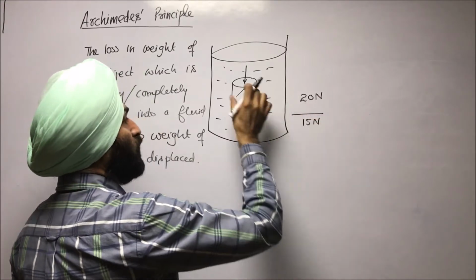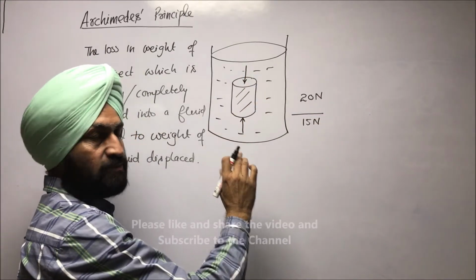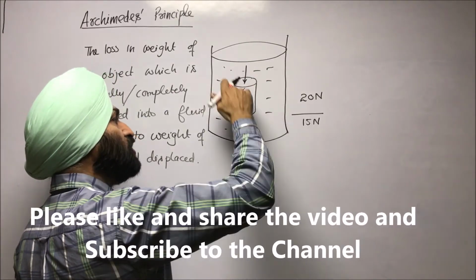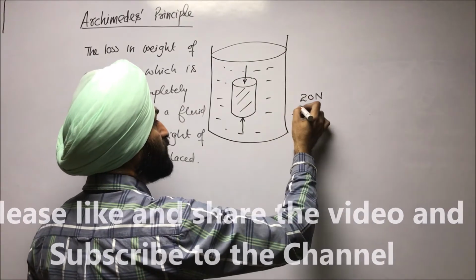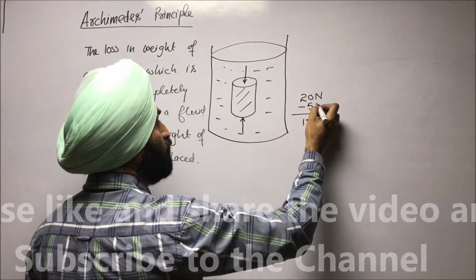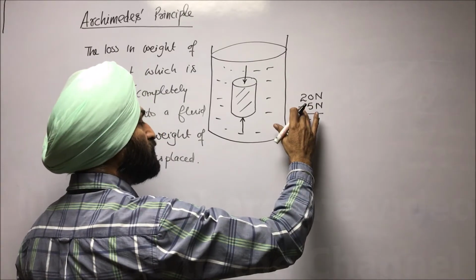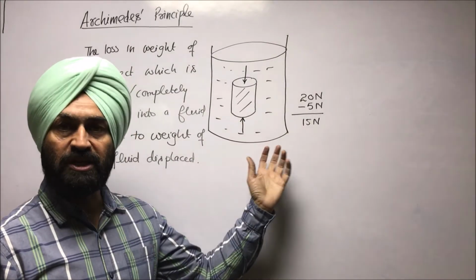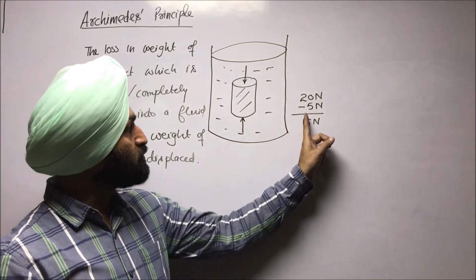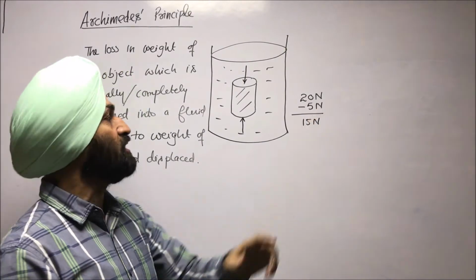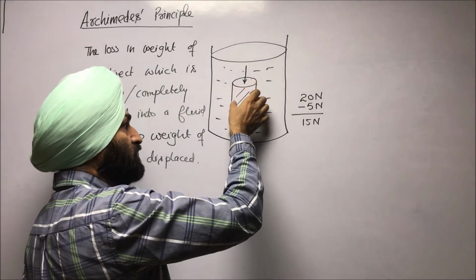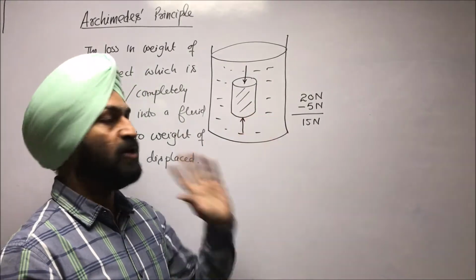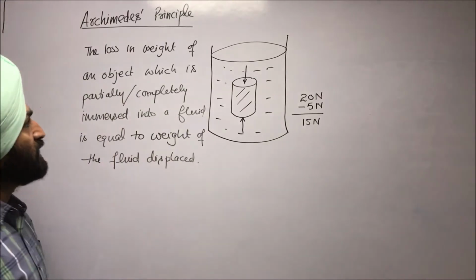Reason: whatever volume the cylinder possessed, if we had a cylinder made up of water of exactly the same volume, that quantity of water would weigh 5 Newton. So 5 Newton is the loss in weight. That is, the new weight of the cylinder inside water is 15 Newton. So this 5 Newton is exactly equal to the weight of the fluid displaced, mg. Hope the principle would be clear.